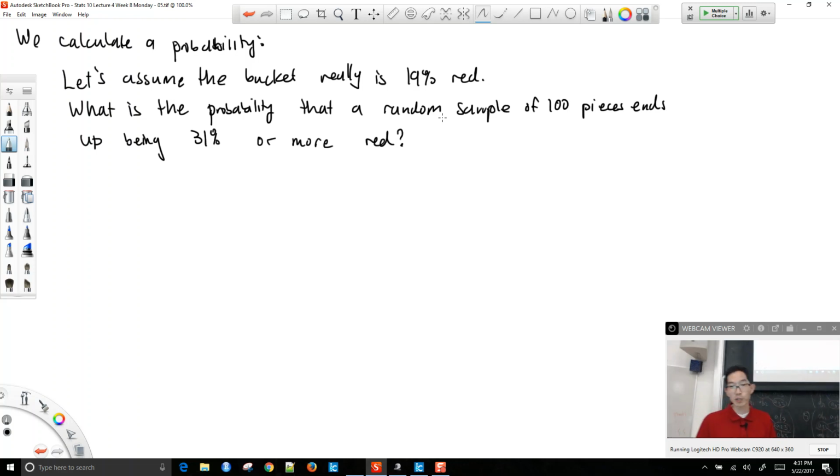Okay, so this will be your clicker question. Let's assume that the bucket really is 19% red. What's the probability that a random sample of 100 pieces ends up being 31% or more red? And here are your answer choices for the clicker.